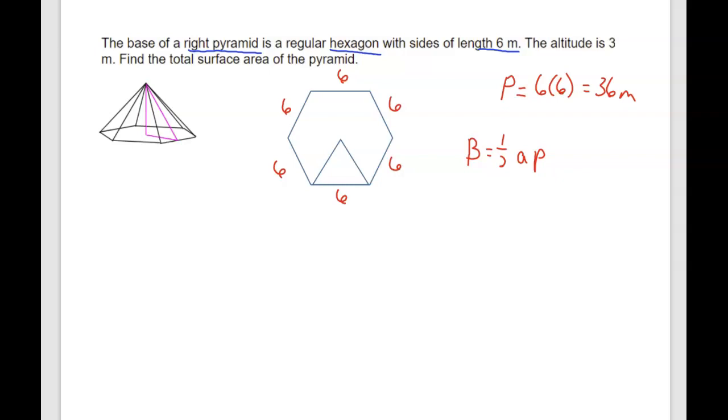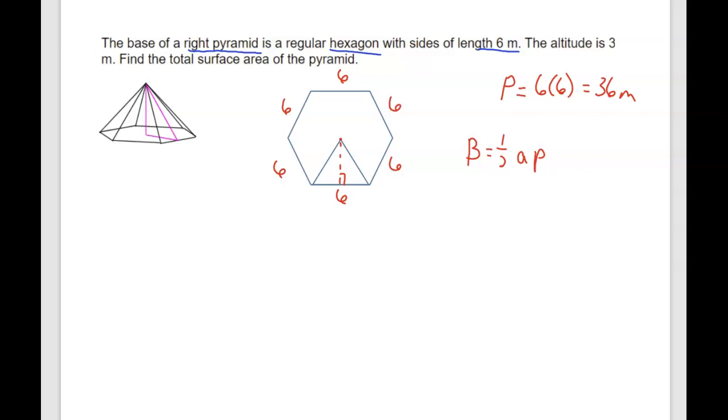The apothem is what we consider the radius going from the center of one of our sides to the center of our figure. It's not going from one of the corners, but actually from the center here.